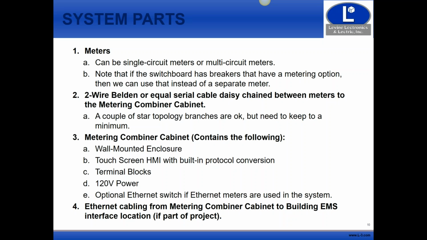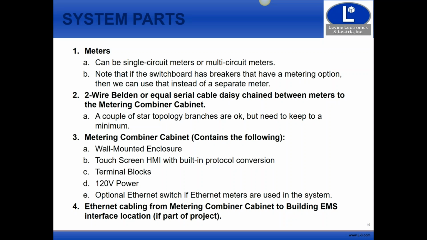It doesn't really matter as long as it's a meter for us, and as long as we can communicate with it via RS-485 serial Modbus communications. We got a note here: if the switchboard happens to have breakers that have a metering option, what I call a smart breaker, then we can use that instead of a separate meter. So we've done that before.